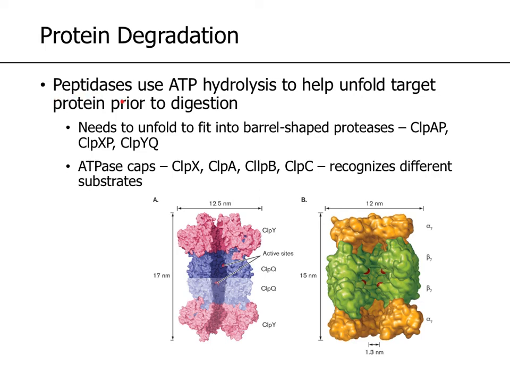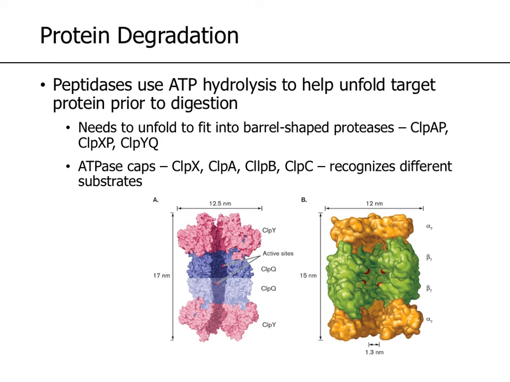All of these generally use ATP hydrolysis to help unfold the target protein prior to digestion. Again, these are generally barrel-shaped, with places for the protein to go in, so it needs to be unfolded to fit.